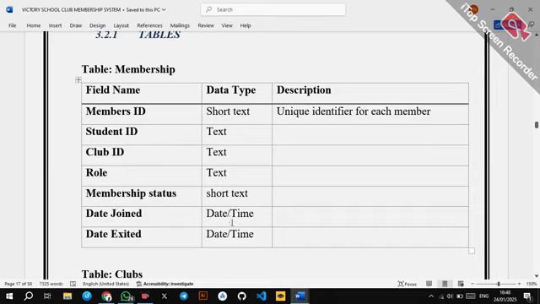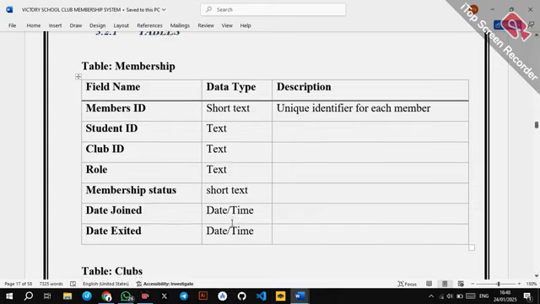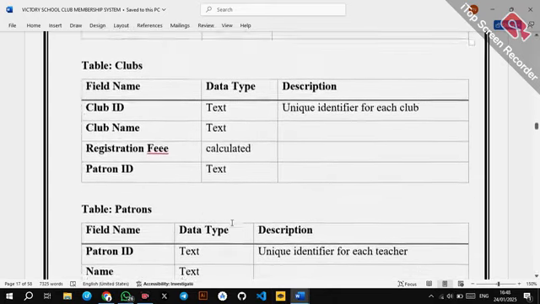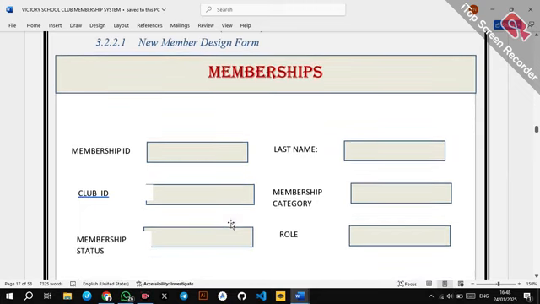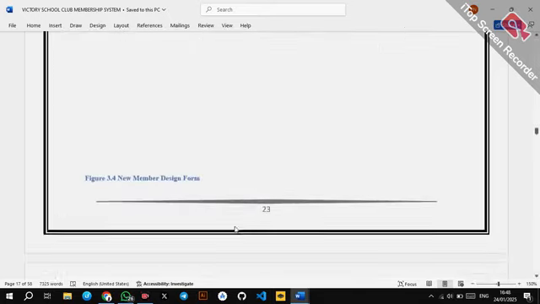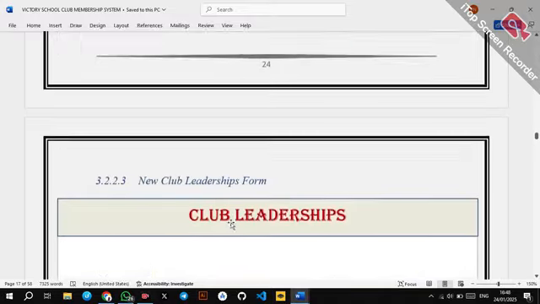I have explained to you the tables in design view, so you'll go and watch my videos on tables. Here you draw at least 5 tables. Then you have input designs. For input design, you draw the forms, the way they appear in Microsoft Access. You draw at least 4.